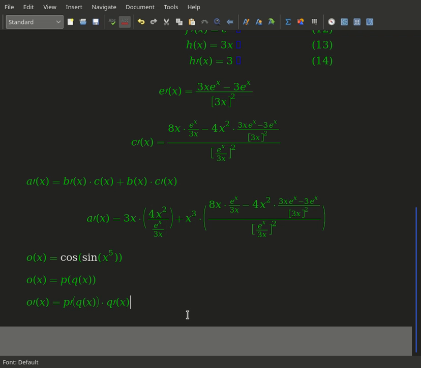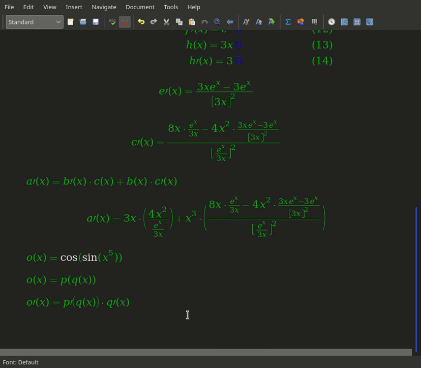So now that we've got that dissected, we just start defining some new pieces here.